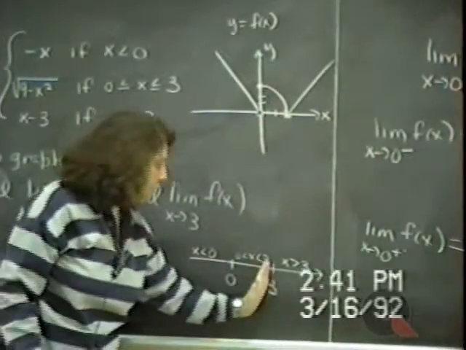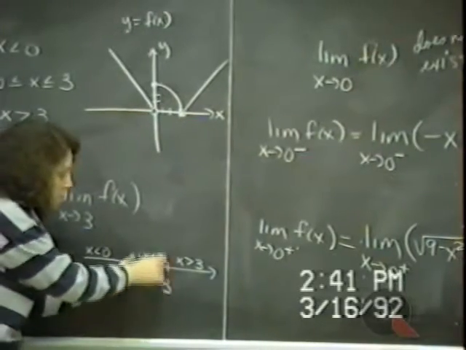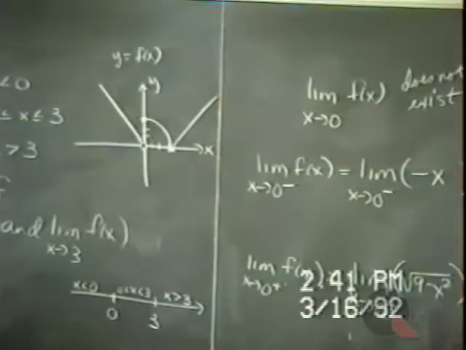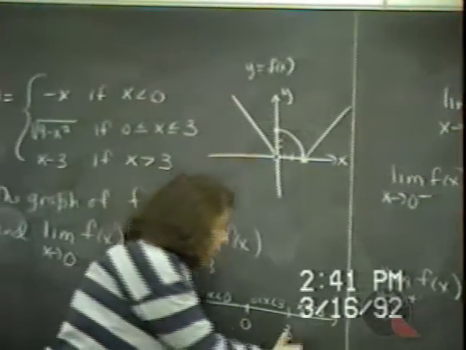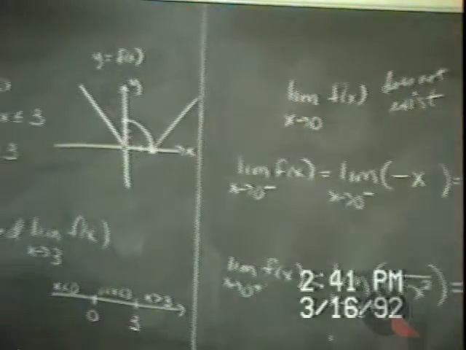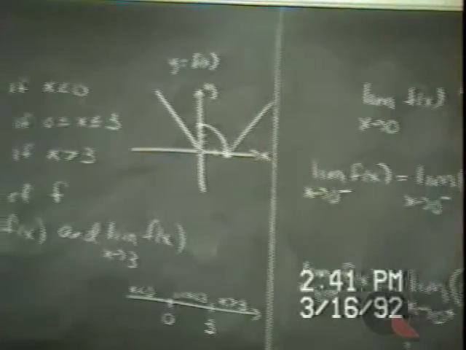As you approach 3 from the left, immediately on the left is the 0 to 3 section, where the function is the square root of 9 minus x squared. As you approach 3 from the right, you are greater than 3, so we're going to use x minus 3. Let's put these values in.